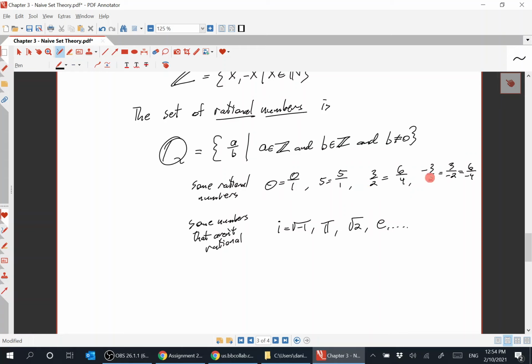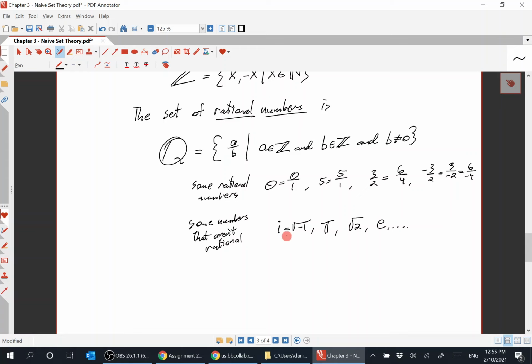You have 3 halves, negative 3 halves, and elements in the rational numbers can be expressed in different ways, of course. Right, 3 halves is the same as 6/4, right? So there's repetition in the way that elements are expressed. Not that it makes the element in there more than once. It just means that the element is in there.